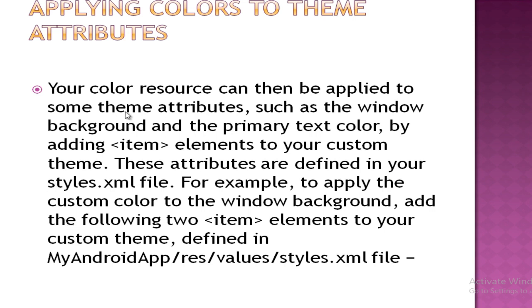Obviously the style file is there, then we write the .xml extension, right? And suppose we are going to apply a custom color of our own, then we add item elements to your custom theme, which is defined in my Android app resource folder, in values, then the styles.xml file.